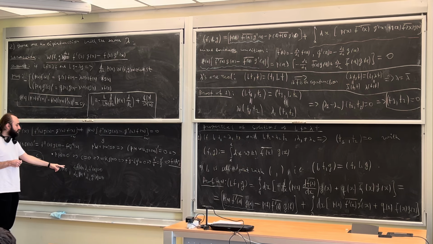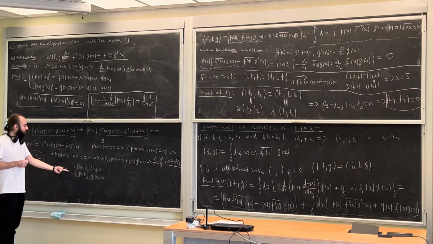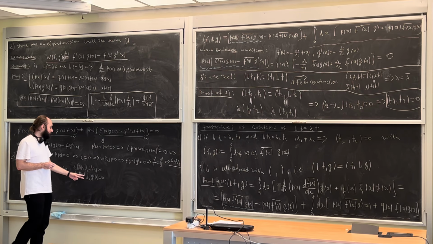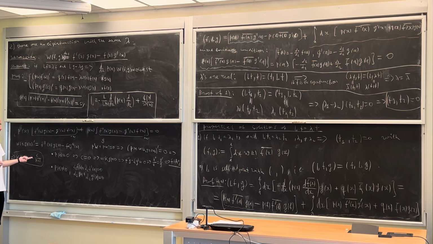Let us suppose, for generality, that these alphas are different from 0, because if one of them is 0, then either f or f prime is 0, and this Wronskian should vanish at the boundary.